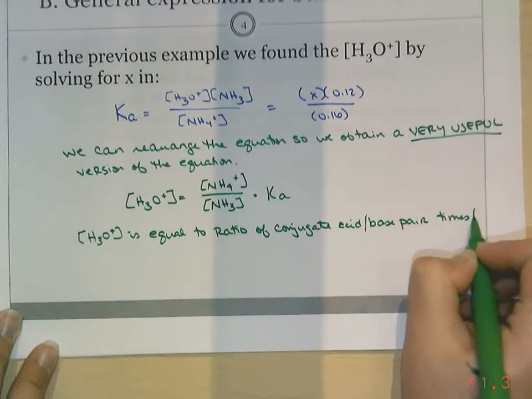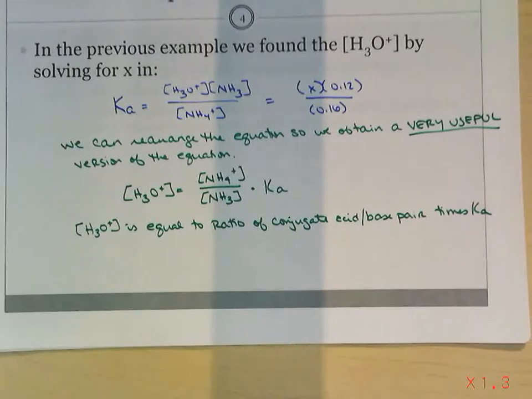All right, so my H3O+ is equal to the ratio of the conjugate acid-base pair times Ka. Turns out that's true for all buffer solutions.